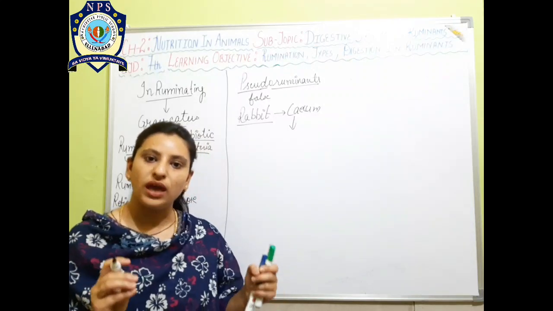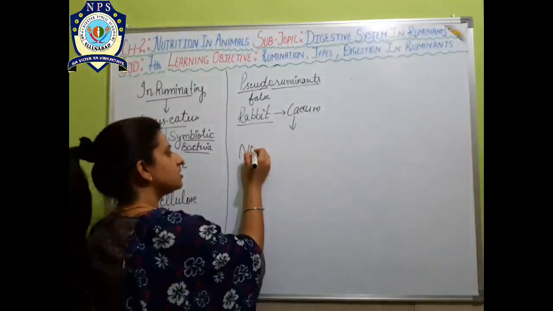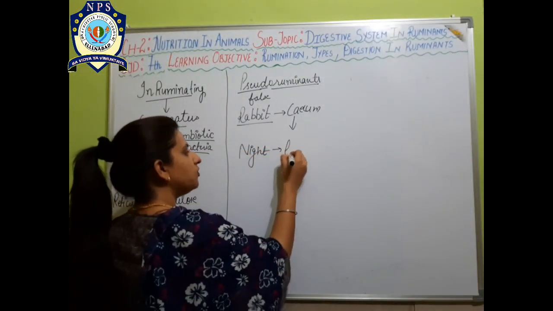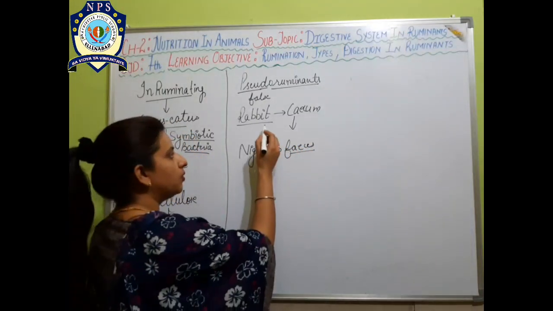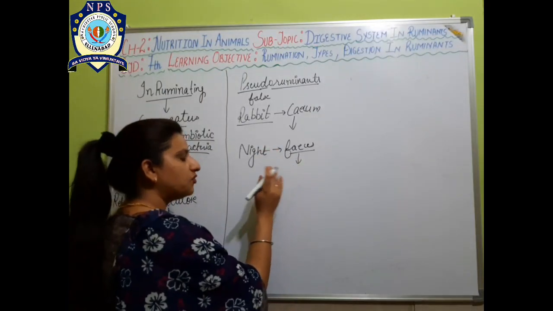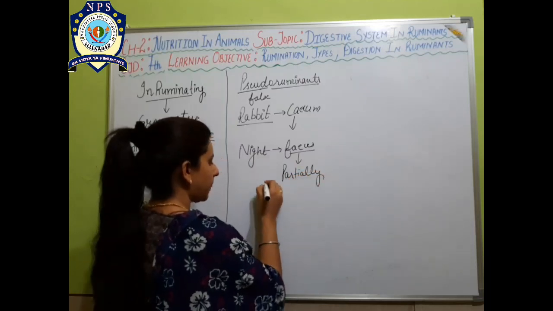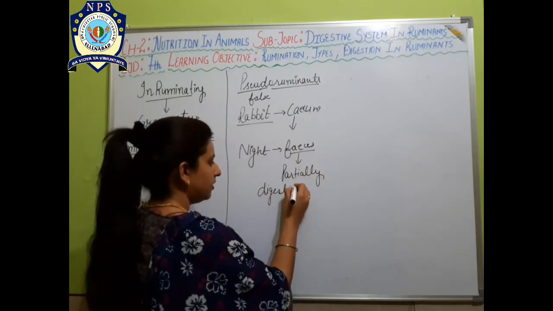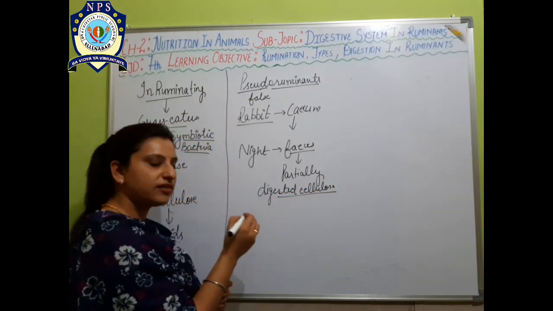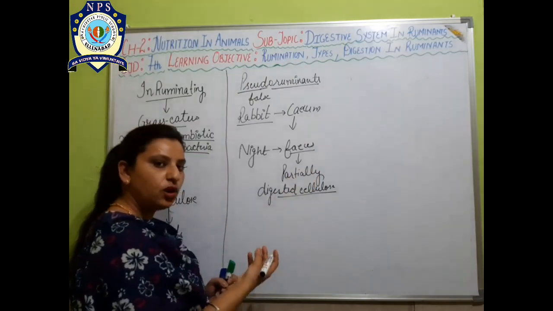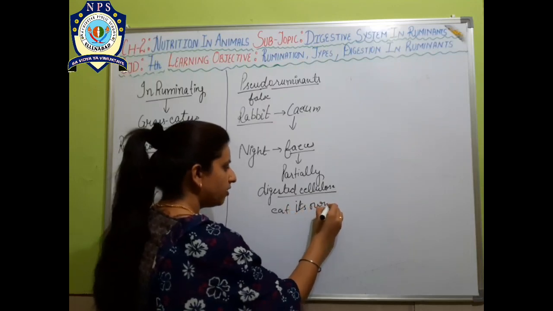But at night, when the feces is egested out by the rabbit, there is partially digested cellulose present in that feces. So what will the rabbit do? The rabbit will eat its own feces.